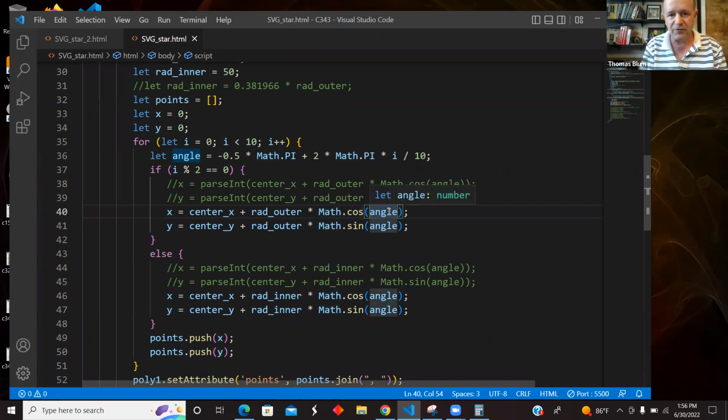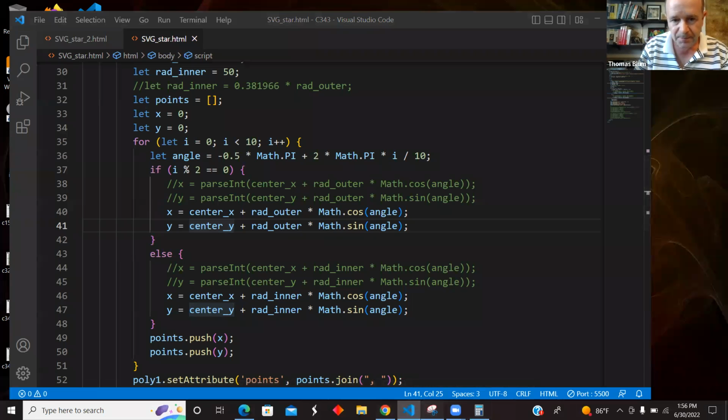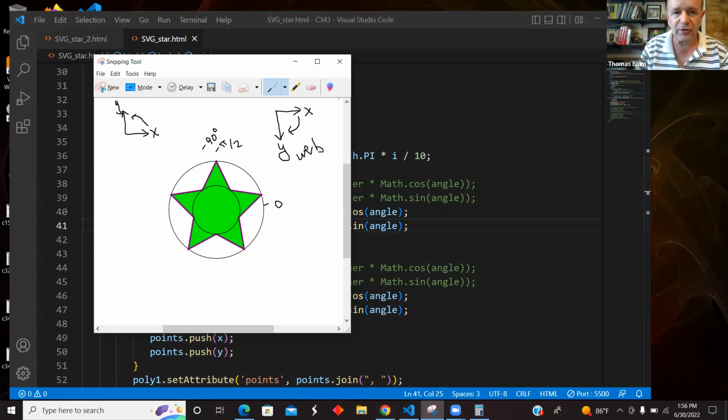Again, the angle has to be in radians because the cosine and the sine work in radians. I also add the center X. So I have the radius times the cosine of the angle plus the center X for my X, and the radius times the sine of the angle plus my center Y for the Y. And I'm switching back and forth between the outer radius and the inner radius because of the way we are creating the star.